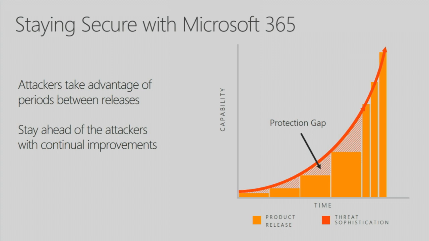So how does Windows as a service and the new servicing model that is aligned with Office help you be more secure and get better protection? Because we close the gap between when we release a version and the next version to 6 months, we are able to respond to threats more frequently.